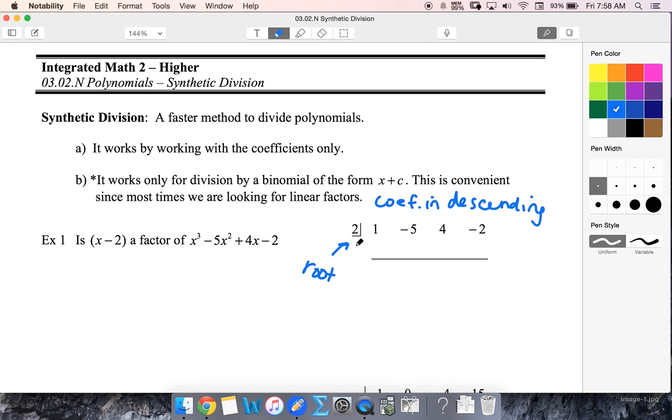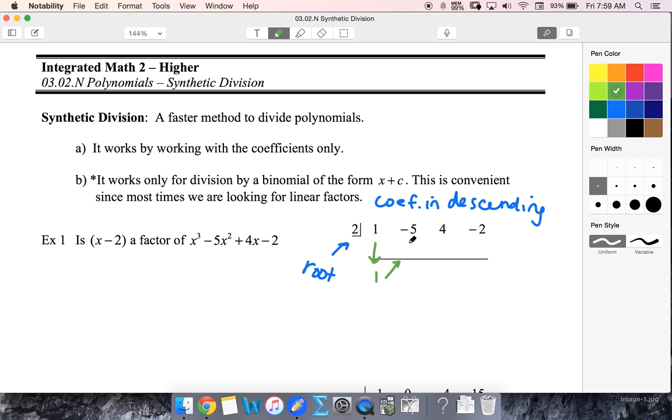So the way this method works is the first thing we do is we just drop down that leading coefficient, and now we take our value of the divisor, we multiply, and then put the answer on this line.